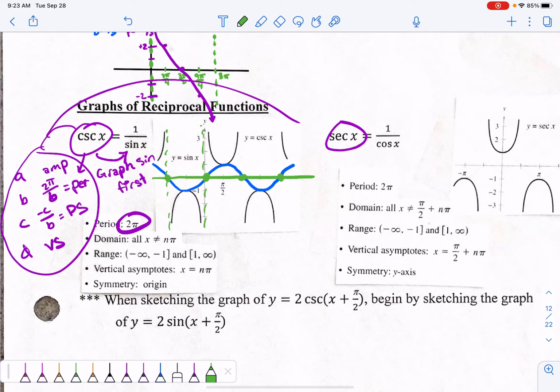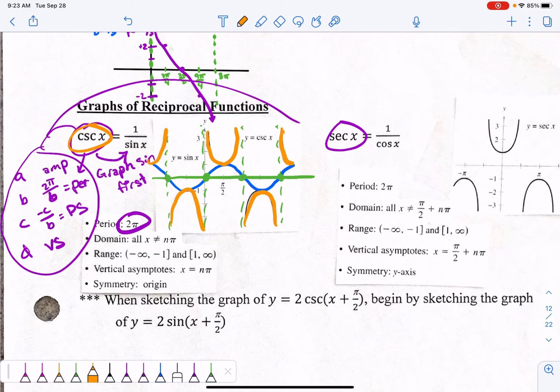So wherever your middle line is, unless we're moving it up or down, you put dots there, and that's where your vertical asymptotes are going to be. And then, off of your sine function, this is what cosecant looks like. It's this part. They're like little parabolas coming off of the sine function.